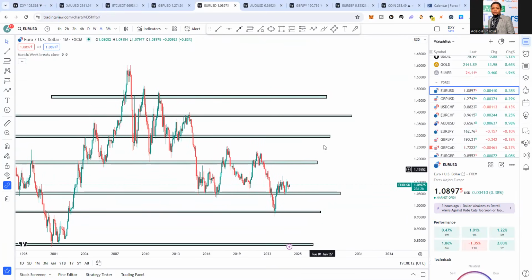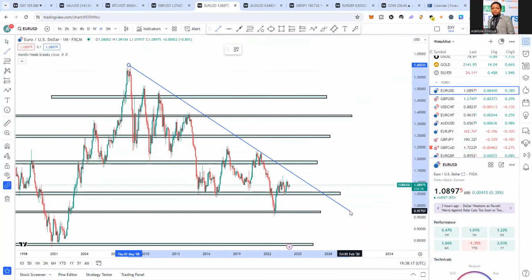If you look at this story on the monthly time frame, you'll see that what we have is a downtrend. But if you don't understand building a story, you will never understand that. Euro USD, since 2008, has always been trending downwards. What that means is that the dollar in the long run, when it comes to Euro USD, has always been stronger than the euro, in the true sense of it.